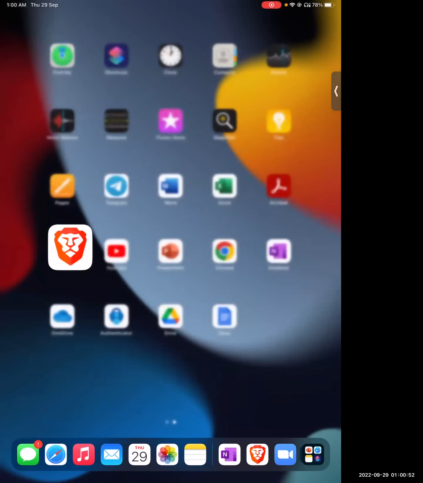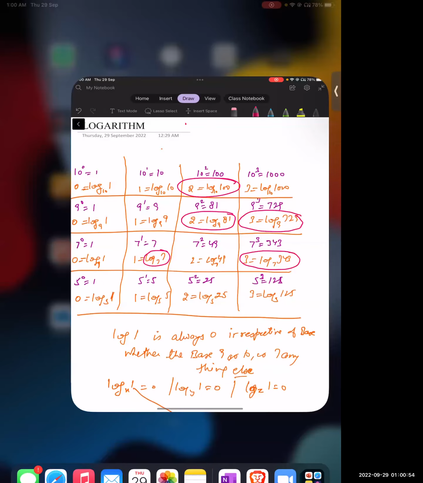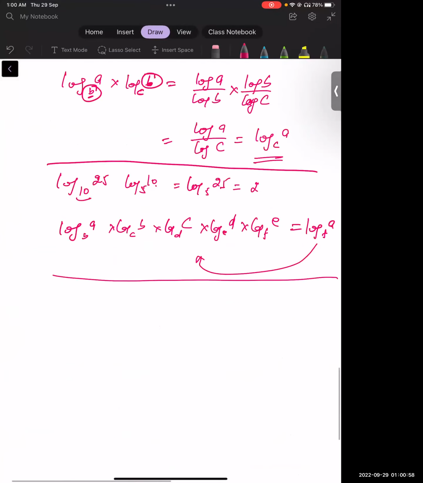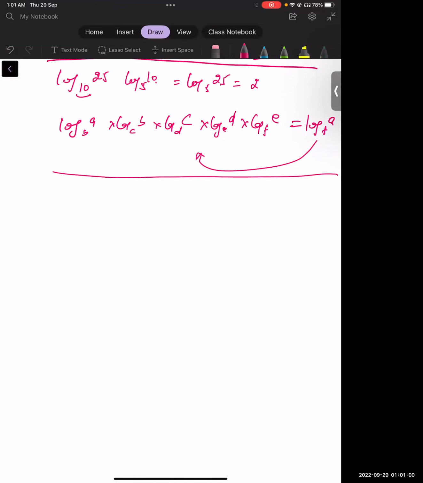I'm going to tell you one more thing over here. Whenever a question is given to you and you want to convert it into logarithm, suppose a to the power b is given and the base given is c. How to write it in the form of logarithm?